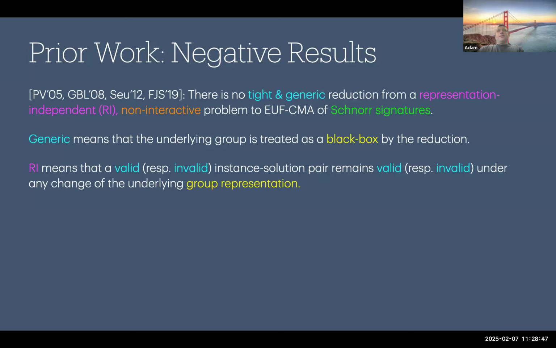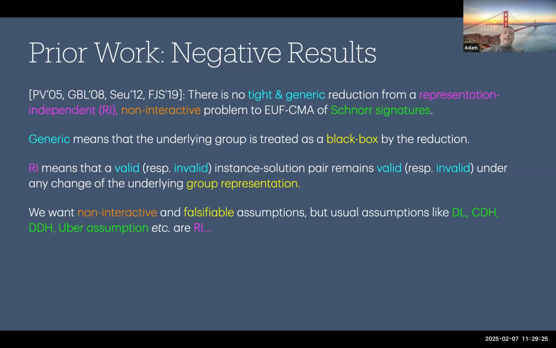So if you think of every group of order P as isomorphic, in some sense it doesn't matter what you're using, but when you talk about computation, it matters, right? Suppose I have a discrete log relative to some point in a twisted Edwards curve. If I change the group representation, it's still going to be the discrete log of the same point under the new representation of the group. It doesn't affect the fact that this is a solution to the problem. We'll see that's not the case for every assumption.